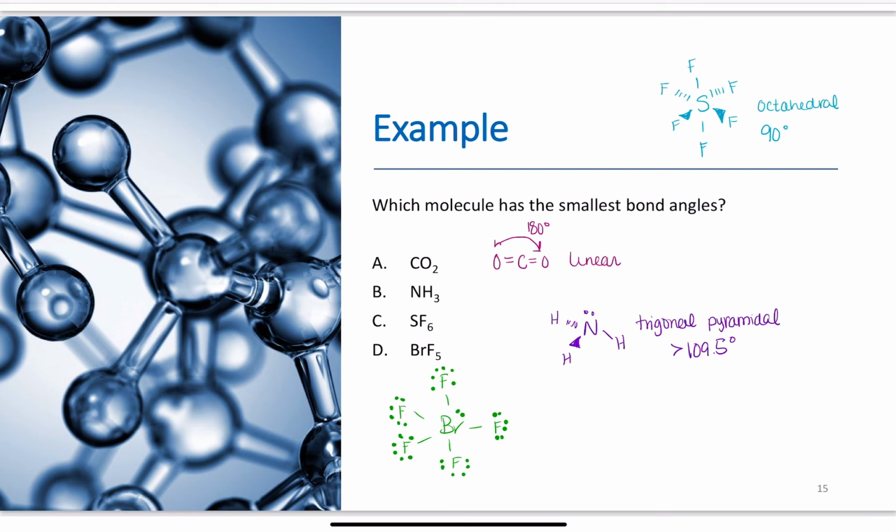That's what I thought. 42 electrons, so one lone pair. Put my lone pair up here. It's called square pyramidal. And due to that lone pair up there, these will be less than 90 degrees. So BrF5 will be our answer.